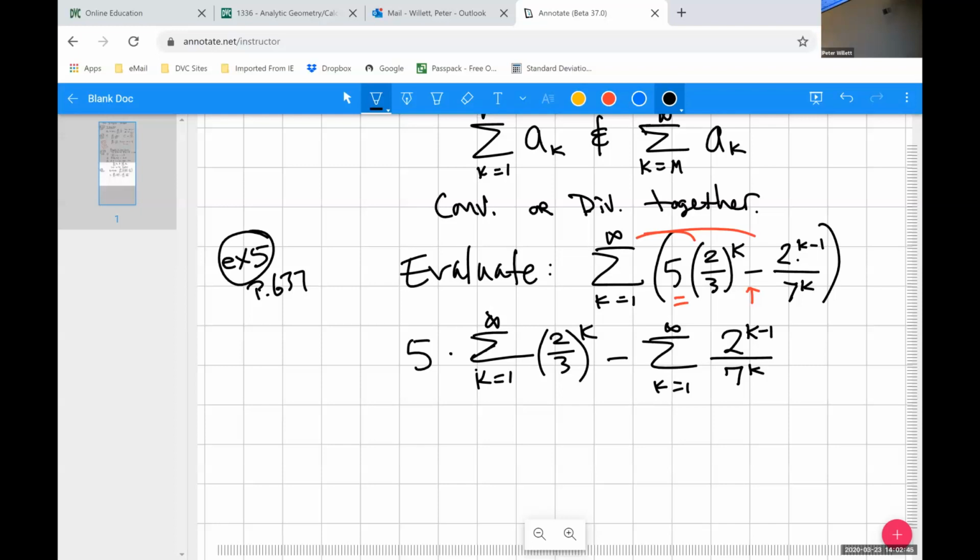So this helps us because we can focus the series just on these terms with the k parts in them, not worry about the constant, not worry about the difference. So then we could do this problem. Well, this first one, for example, the nice part would be to recognize that this is a geometric series.